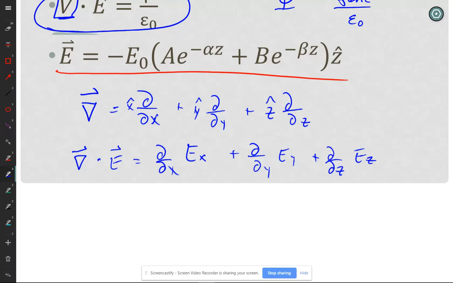Now in this problem, he made life easy for you. Because what is Ex? How much electric field do we have in the X direction?